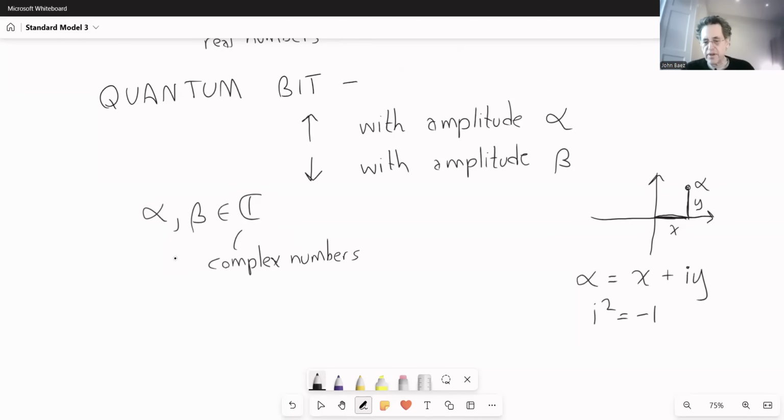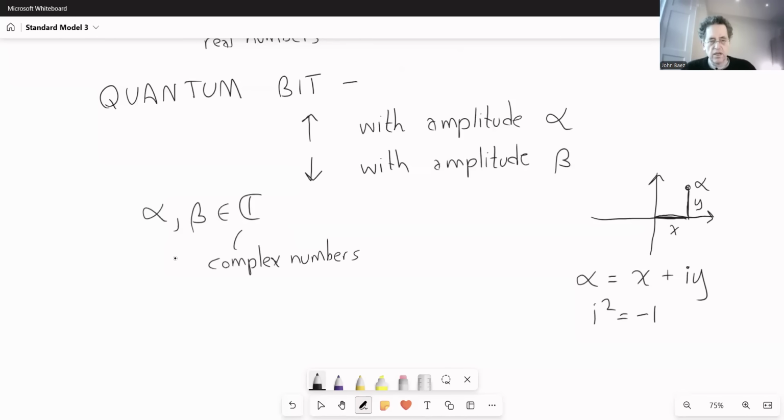So they just made up a number that when you square it equals -1, and they called it i for imaginary. And so a complex number has a real part, which is x in this example, and it has an imaginary part, which is y in this example, pointing in the vertical direction.